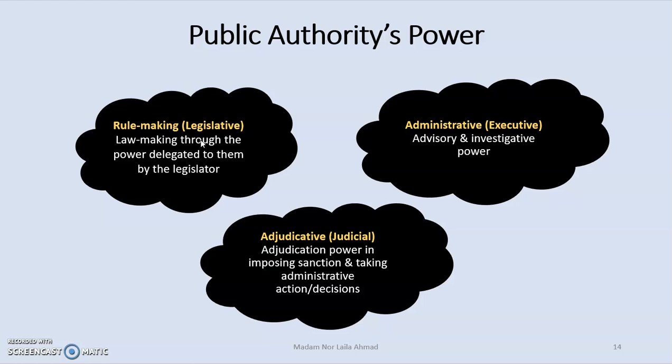So we need persons or bodies to promulgate the law, make known the law to the public. The law also can be flexible to the existing situations and deal with detailed technical matters. So we need to subdelegate the functions of rule-making to the public authority. Public bodies should enact rules within the limits of delegation. As I mentioned just now, they cannot go beyond the power conferred on them by the statute.